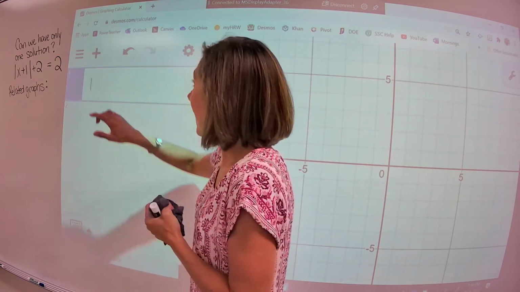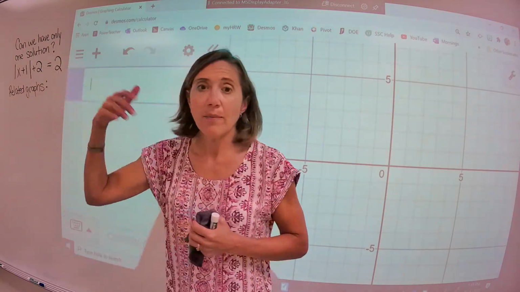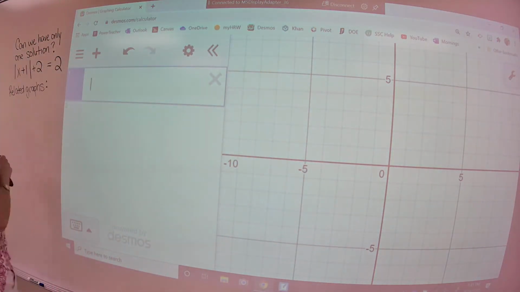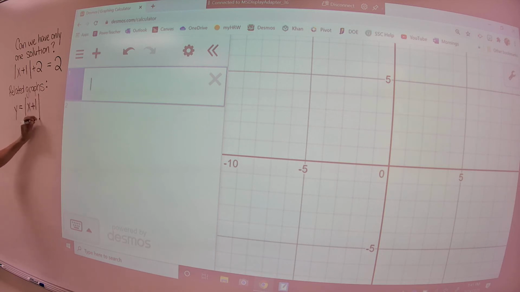So I want to have you graph this one. Go ahead and pull up Desmos and graph that. If you need help coming up with your related graphs, it will be y equals the absolute value of x plus 1 plus 2. So I'm taking the left side of the equals first, and then I'm going to take the right side of the equals second.